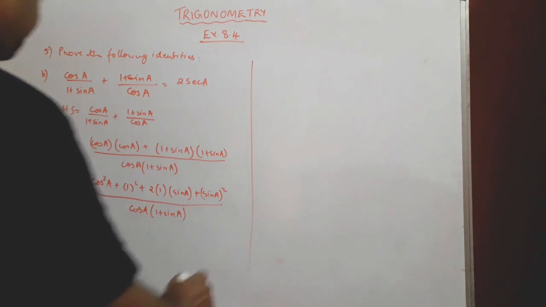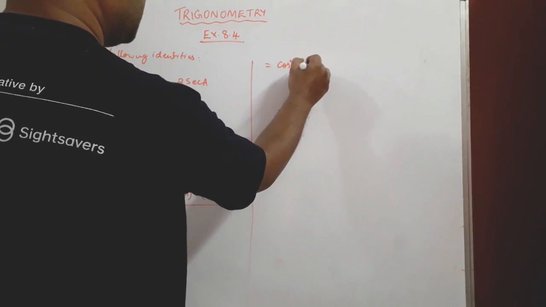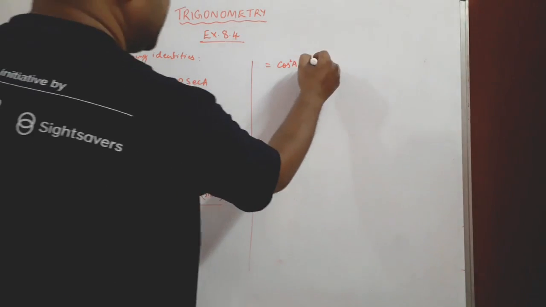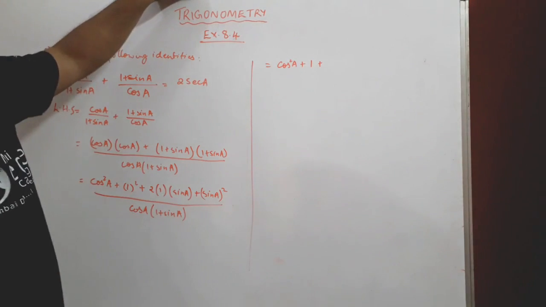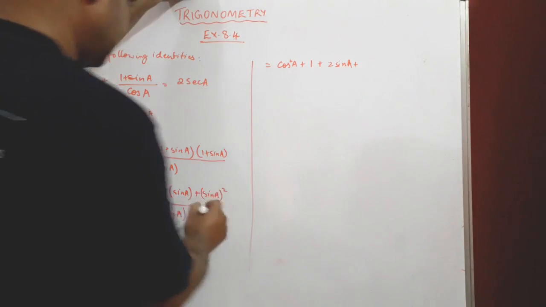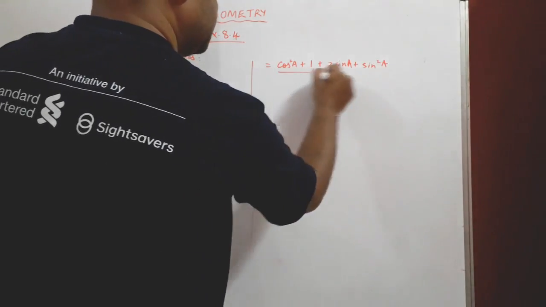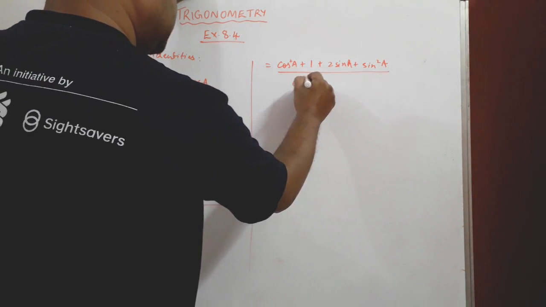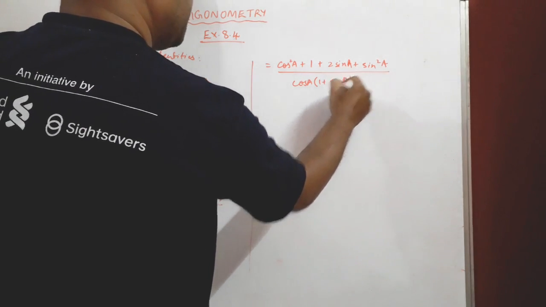Continuing over here, we will leave cos square A the way it is, plus 1 whole square will give us 1, 2 into 1 into sin A gives us 2 sin A, and sin A whole square can be written as sin square A, whole thing upon cos A into (1 plus sin A).